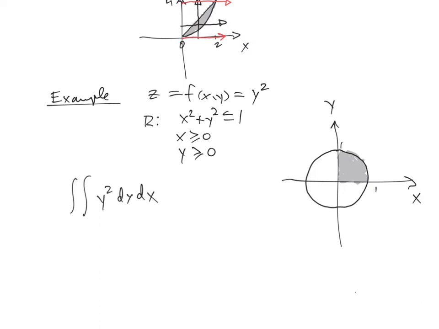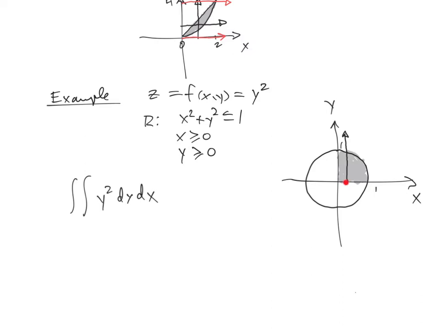Okay, so what are going to be the limits? Well, we're going to integrate in the y direction first, which means we hold x constant. Okay, let's choose an x value right there, and keep x constant and integrate in the y direction. We're looking for y min and y max as that arrow goes through that region of integration.